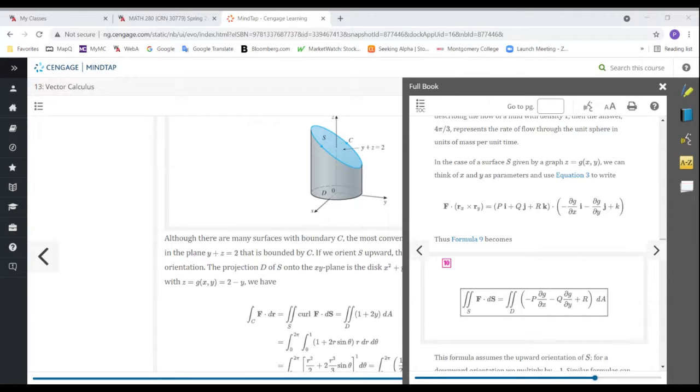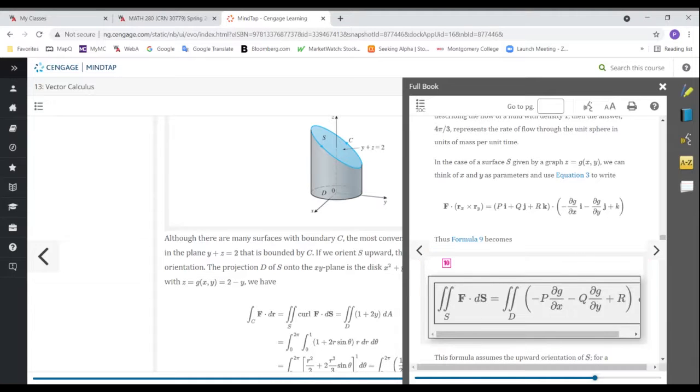When z is a function of x and y, the flux can be computed as the double integral over the region D with that integrand.